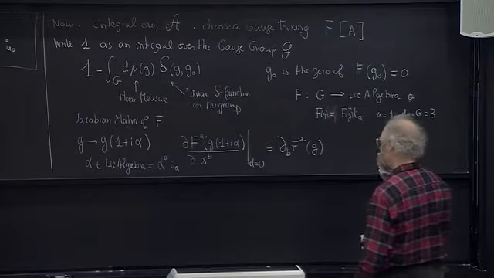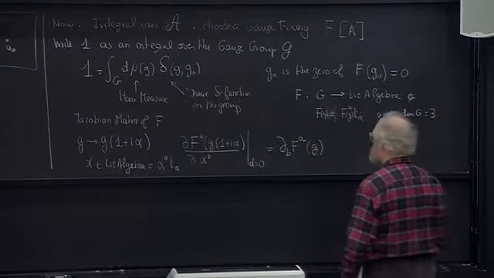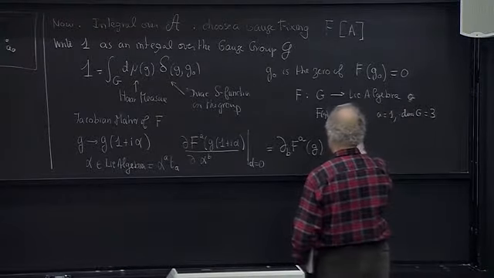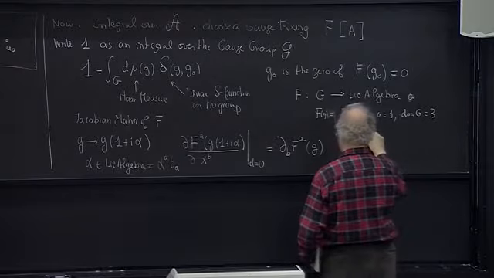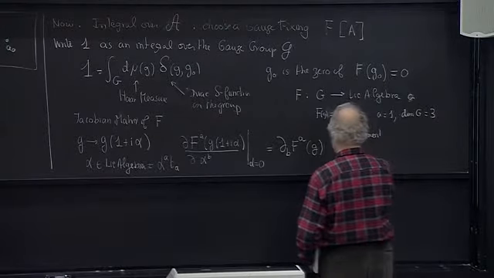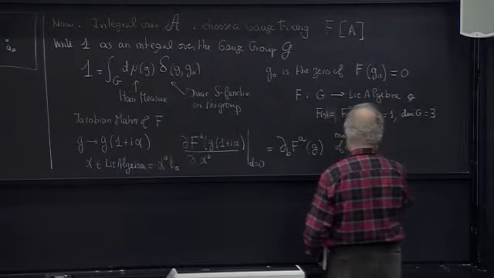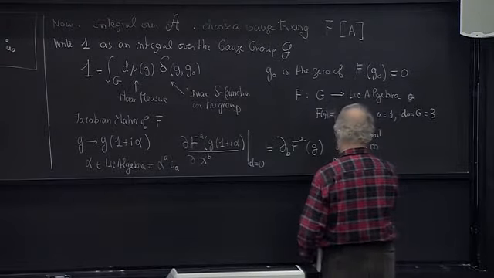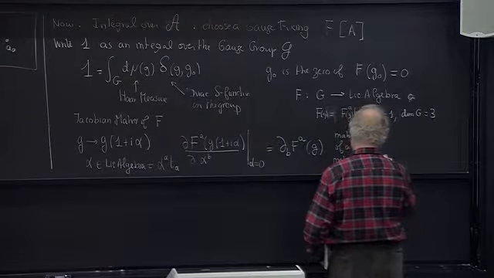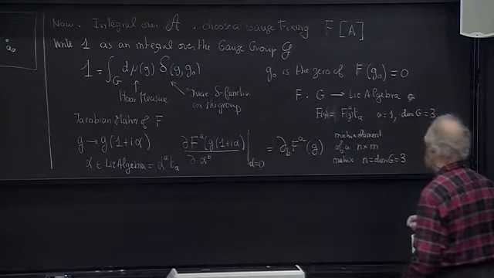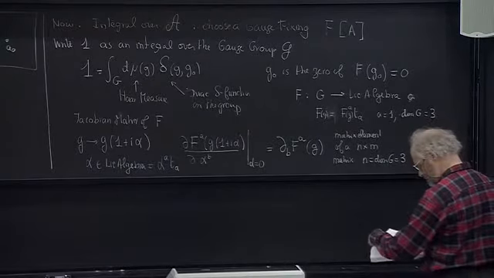So now this is a matrix element of an n by n matrix, where n is the dimension of the group. So for SU2 it is 3. Okay?